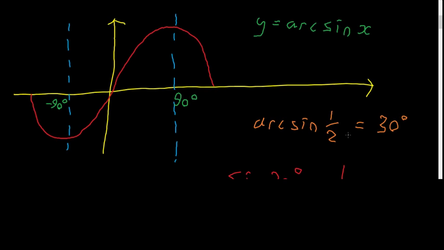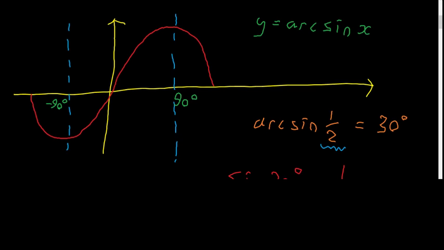So remember that this isn't going to give you all the possible values that your angle could have been, because there's infinitely many. It's only going to give you the one value inside this range, inside these two dotted lines, and that value is sometimes known as the principal value. But this is the inverse function.